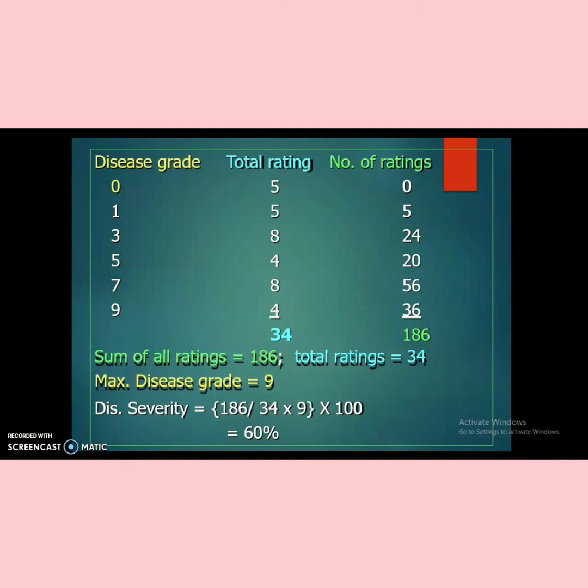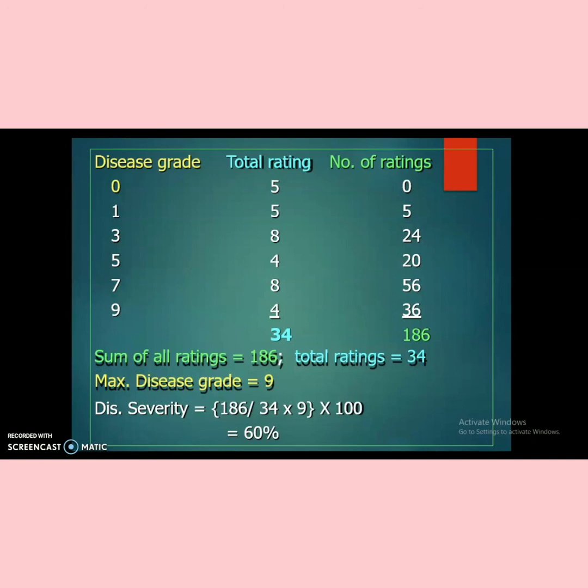Number of rating is equal to disease grade into total rating. On the 0 grade, the total pods observed are 5, so 0 into 5 is 0. On the 1 grade we have observed 5 pods, so 1 into 5 is 5.